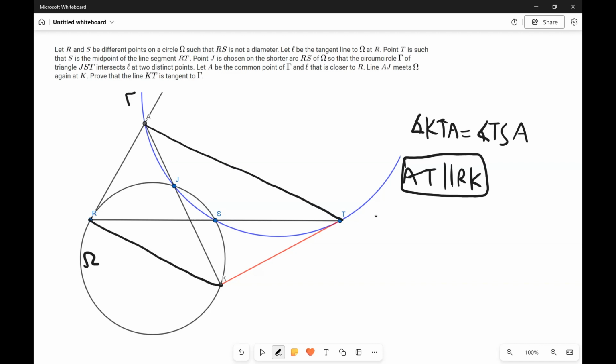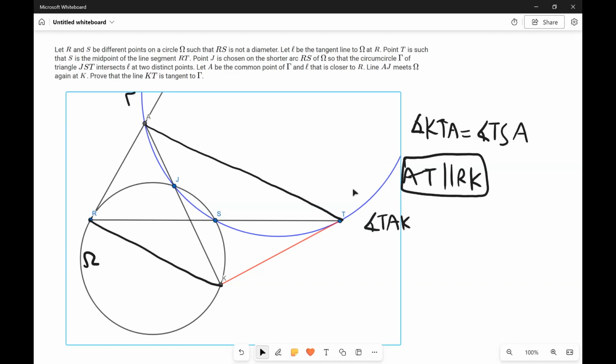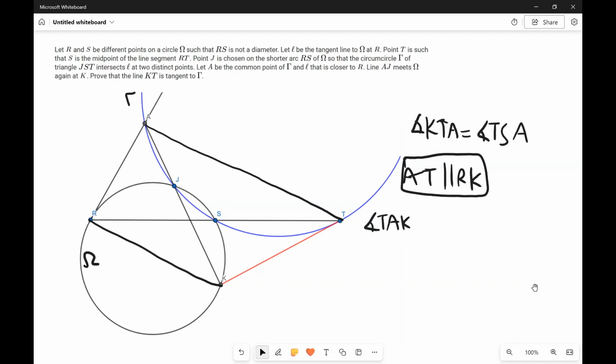Well, this is actually a straightforward angle chase, because we have directed angle TAK. We want to try using this because A, J, and K are collinear and it can give us a lot of nice things. So this is equal to directed angle TAJ because of the collinearity. And now we see cyclic quadrilateral AJST. So that is directed angle TSJ.